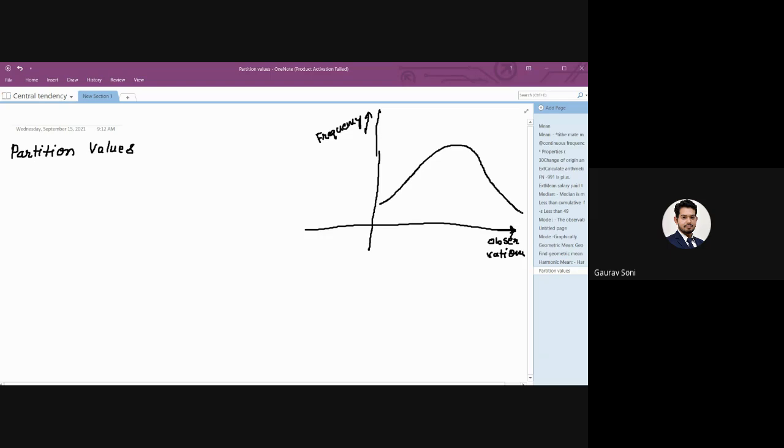Now I want to divide this whole of the observations in, say, 4 parts. How can I do that? First of all, can someone tell me, median divides the observations into how many parts?